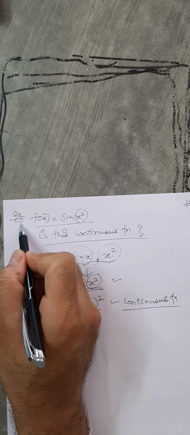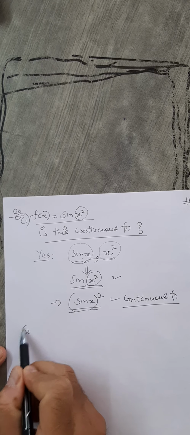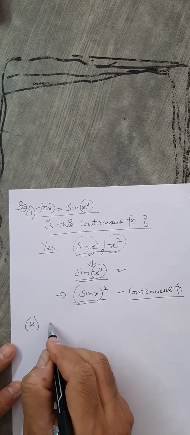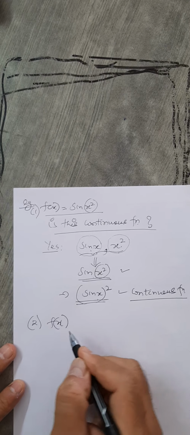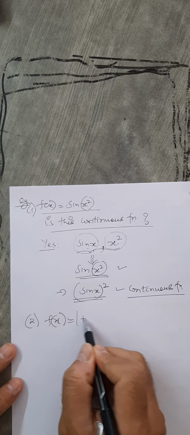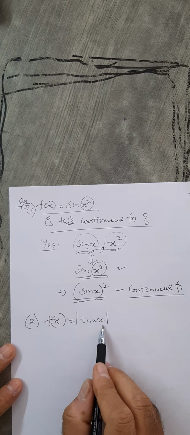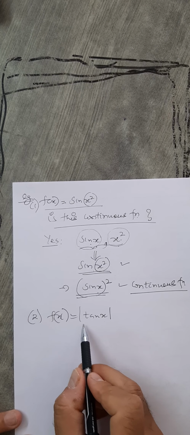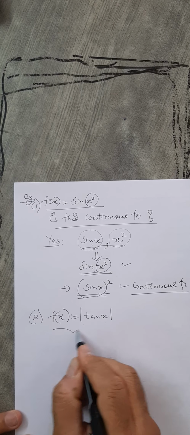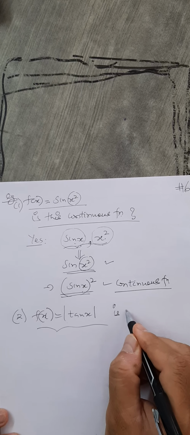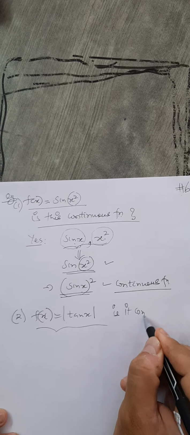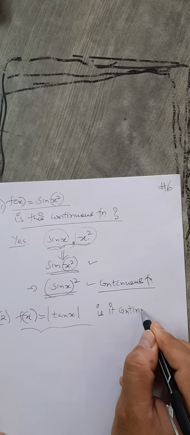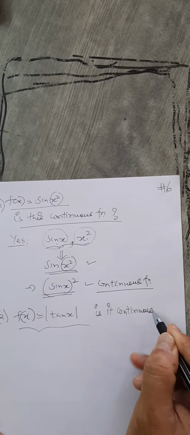Okay. Now let me take another example. f(x) equals modulus of tan x, in a proper domain, remember, you cannot take pi by 2 here. Is this a continuous function?